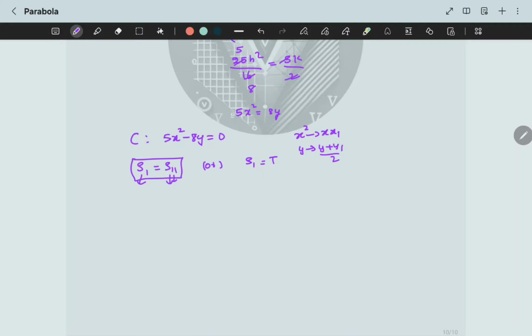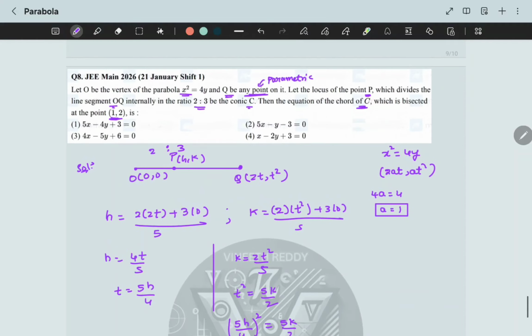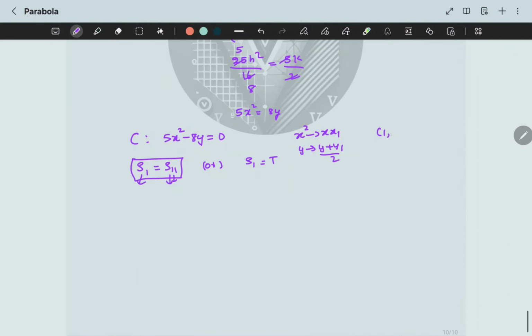Acha, what is (x1, y1)? (x1, y1) are the coordinates of the point (1, 2). So what do I get? S1 means 5x into x1, that is 1, minus 8 into (y plus y1) divided by 2, should be equal to S11, that is 5 into x1 square, 5 into 1 square minus 8 into 2.